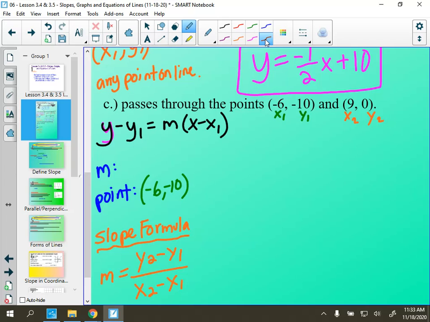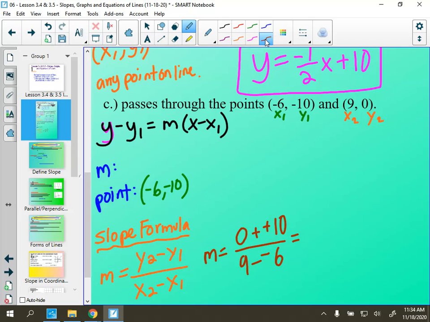So let's do it. For our actual calculation here, slope m equals y2, which we're calling 0, minus -10, over x2, which I've called 9, minus -6. So just watch.